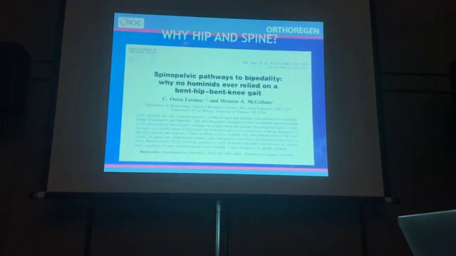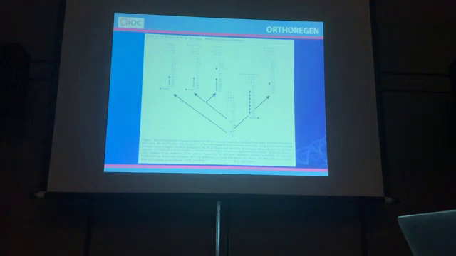Well, why did we cluster? Why did we gather hip and spine in the same lecture? Because they are, of course, interrelated. To show you that bipedality, the capacity of walking over only 2 limbs, derived from an alteration in the column.